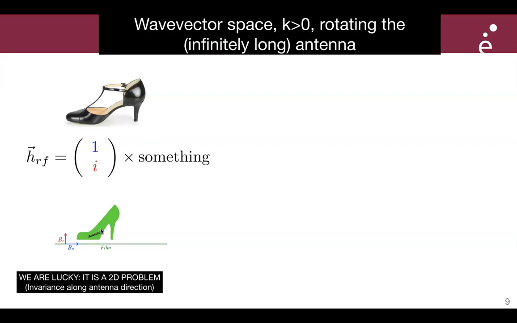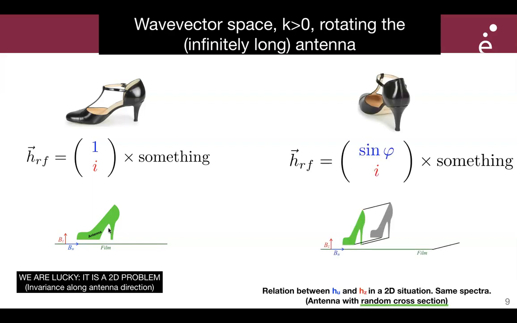Well, this was when the antenna was running in the direction perpendicular to your screen. Now what we can do is rotate the antenna, or equivalently, rotate the magnetization of the magnet that hosts your spin wave system. When you rotate the antenna, but the antenna is still infinite, if you rotate about the z direction, then of course the z field doesn't change.